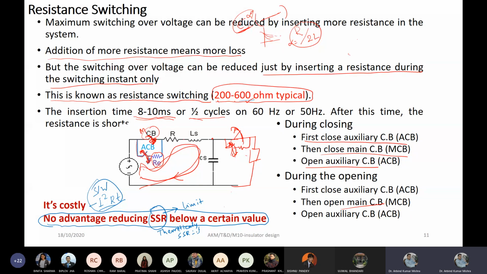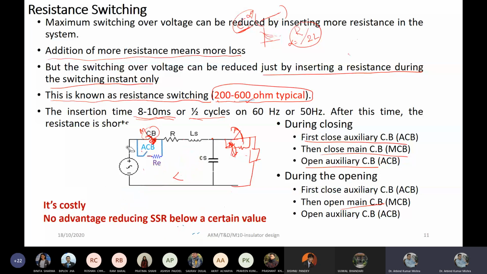In that case, if you use this switching over voltage and you put a lightning arrestor or surge arrestor, the temporary over voltage itself will be such that, depending on the grounding condition, what is our requirement for the lightning or surge arrestor?